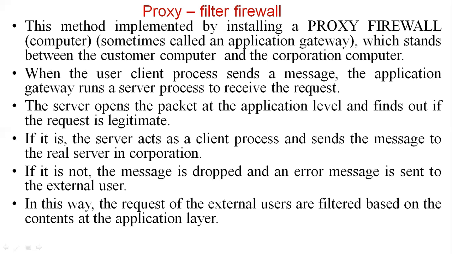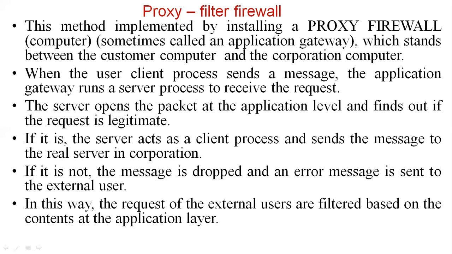So we need to establish the packet filtering at the application level, that is, using the URL level. Using the proxy filter firewall, we can drop a particular site or particular web pages.